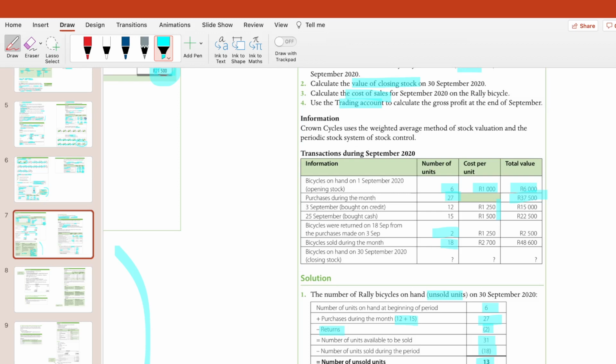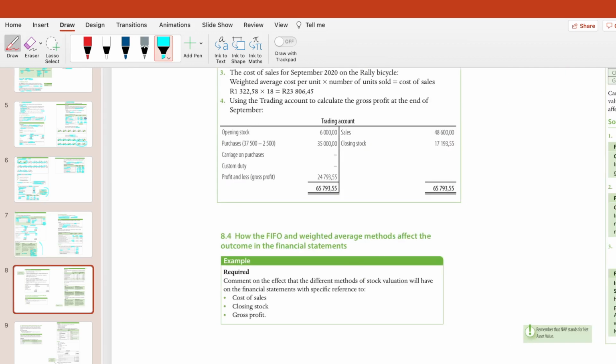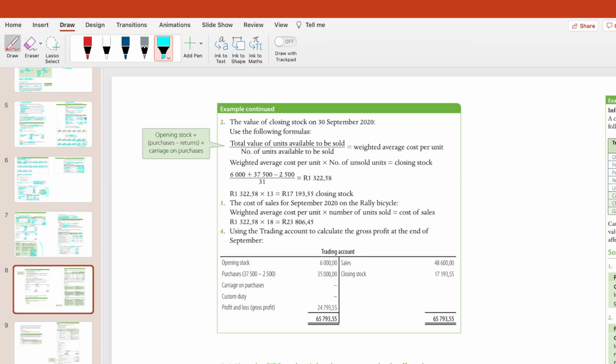I think the more you do it, and practice it with the examples, the better it will be. Now we do the value of the closing stock. So we did the number of units. Now we take the total value of units available to be sold and divide it by the number of units available to be sold, and that will give us the weighted average cost per unit. So the weighted average cost per unit times the number of unsold units will give me the closing stock.